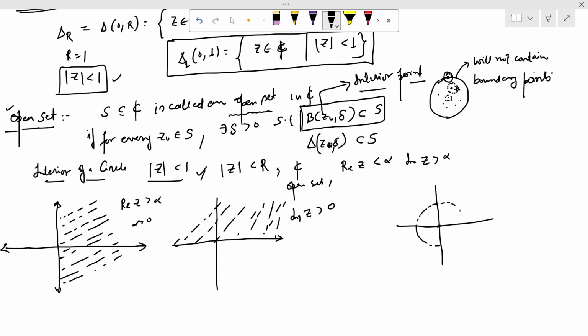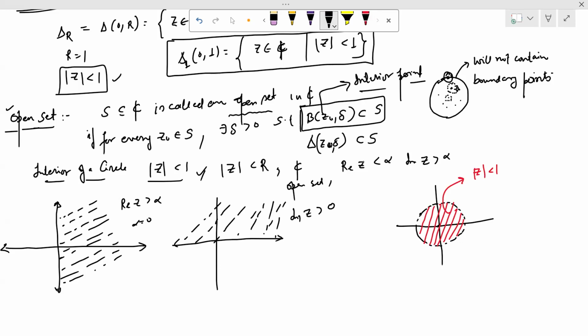Remember that this boundary doesn't come. Only the interior of the circle would come. Whatever I'm mentioning is an open set, not the boundary. So the boundary won't come.